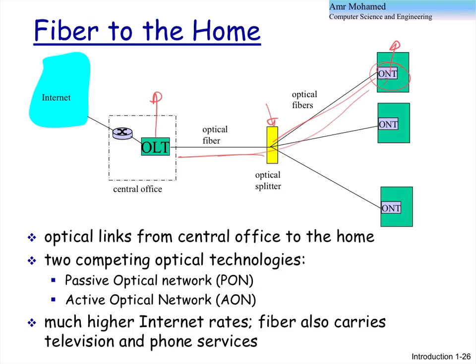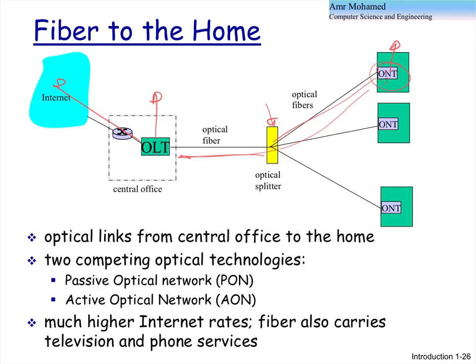Then here you deal with an optical signal, and when it comes here, you convert it back from optical to electrical in order to send it to the internet. Is that clear? Any question? So this is at the level of the house.